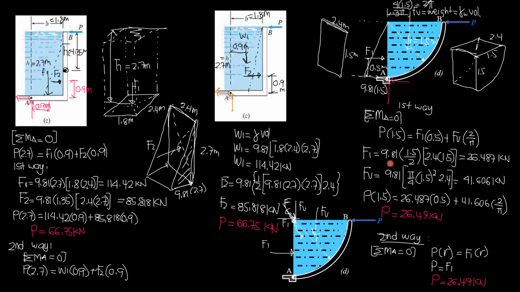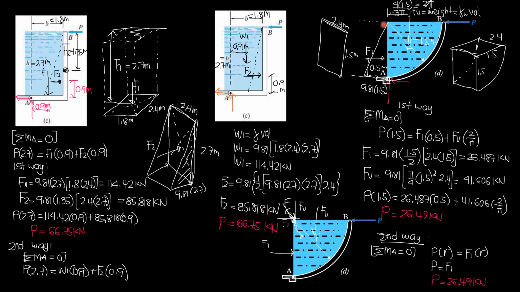F1 is specific weight, h-bar, and projected area. Specific weight of water is 9.81, h-bar is half of 1.5, the distance from the water surface to the centroid of the projected area. The projected area is rectangular, 2.4 times 1.5. So 26.487 kilonewtons. FV is the weight of water above this curved surface, specific weight times volume.